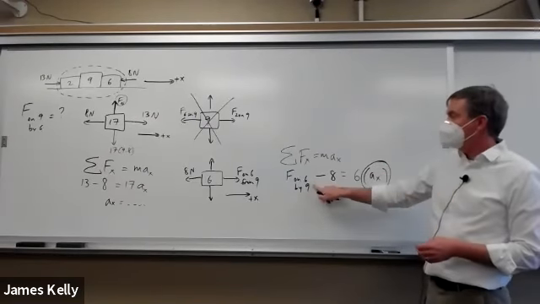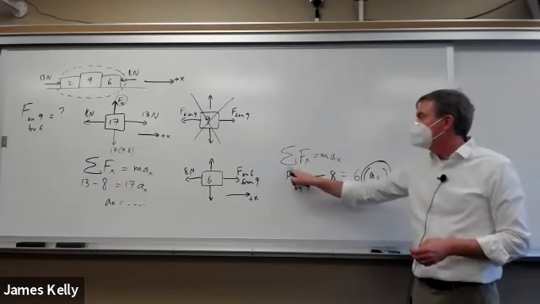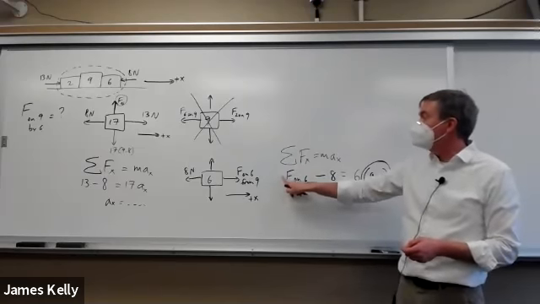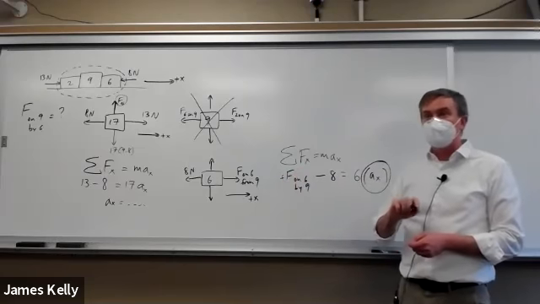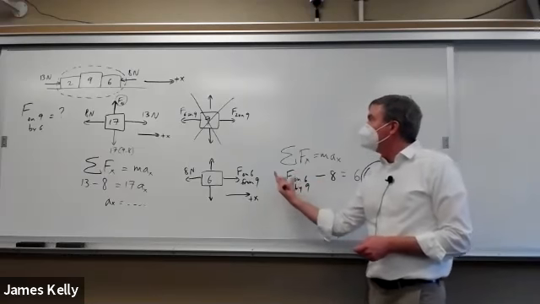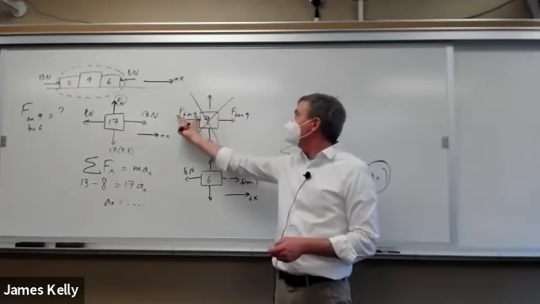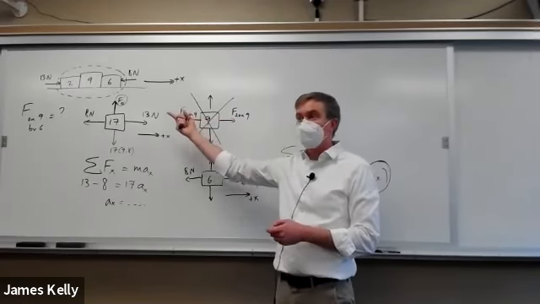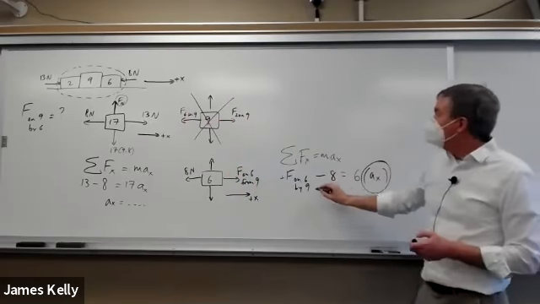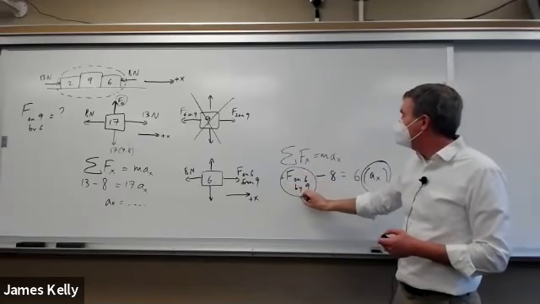This isn't an x component that I'm finding out here. This is how strong that force is. I've already taken the component into account by putting a plus sign in front of it. This was an x component, but this symbol right here, this one and this one, are just how long those arrows are. And so when I find them out, I'm finding the strength of it. So I found the strength of F on 6 by 9.